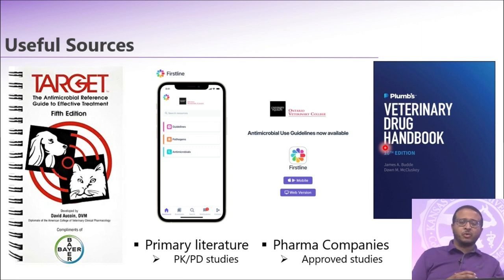One example: we have breakpoints for Mannheimia haemolytica and Pasteurella multocida from BRD cases against tulathromycin and most macrolides, but we don't have breakpoints for Bibersteinia trehalosi. But since it is from the same animal species with a similar disease pattern, we can make some extrapolation here. It merits this extrapolation coming from that type of analysis.